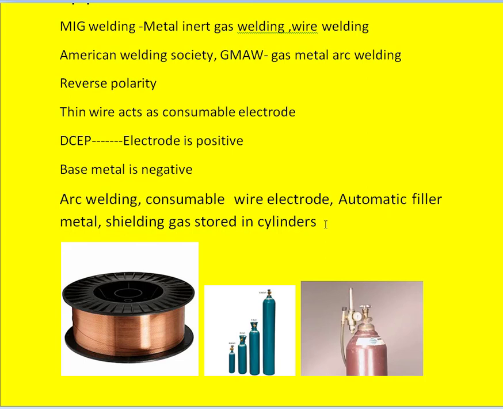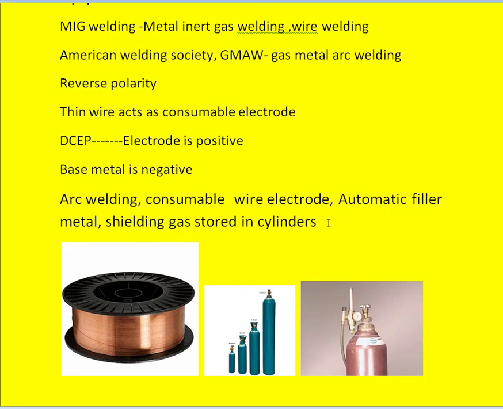These cylinders have a valve and also a pressure meter. By using the pressure meter and the valve, we can keep the desired pressure. The gas used in these cylinders is argon gas, that is nothing but inert gas.